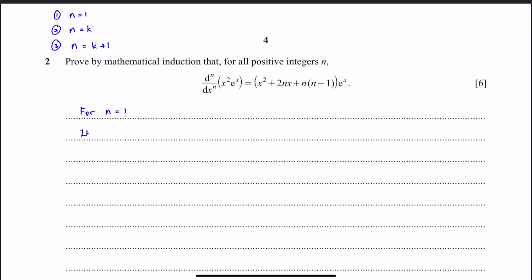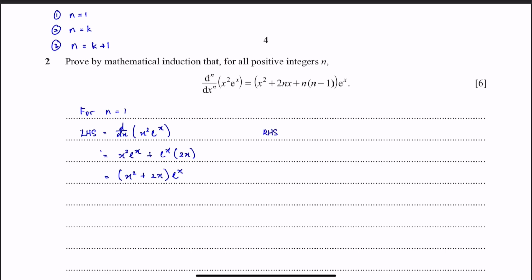So for the left-hand side, the derivative of x squared times e to the power of x is x squared e^x plus e^x 2x. So it's equal to x squared plus 2x times e to the power of x.